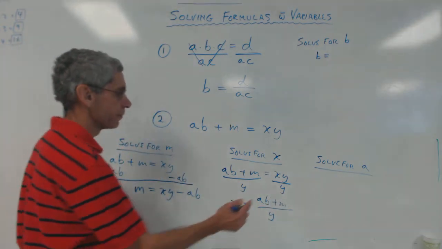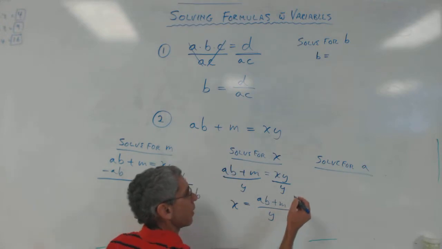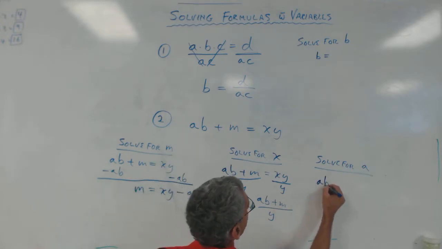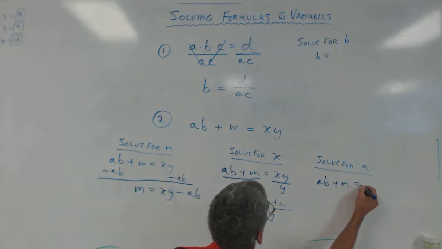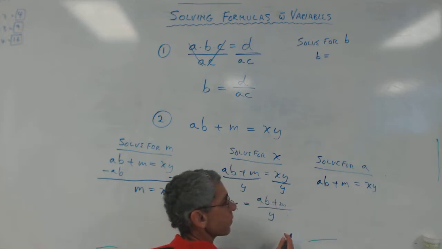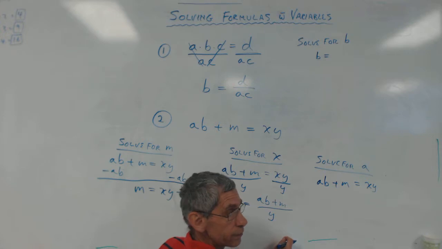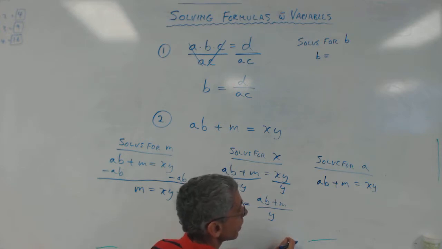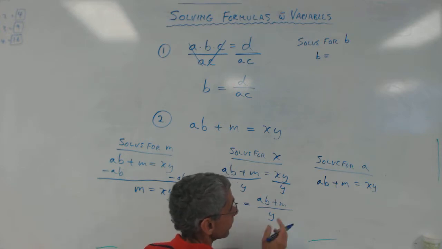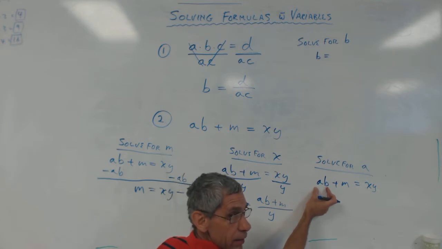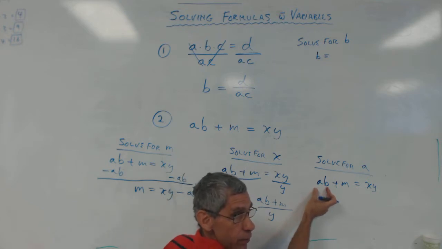Now let's try a. ab plus m is equal to xy. Would you divide by b plus m? Well, the question is, I'm solving for a. Think about it if this were a number.